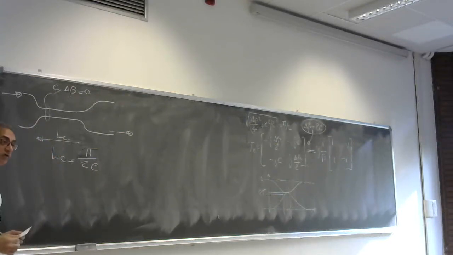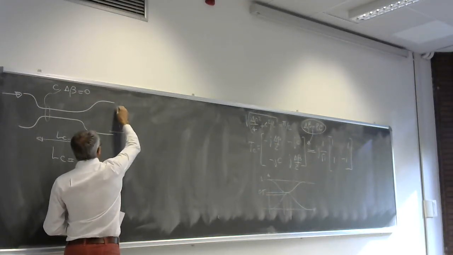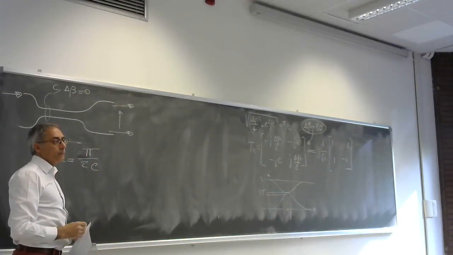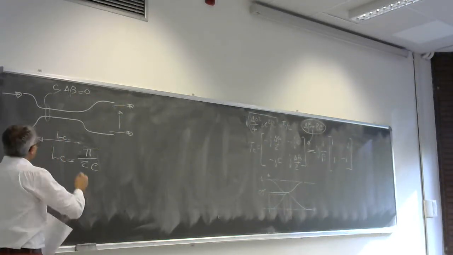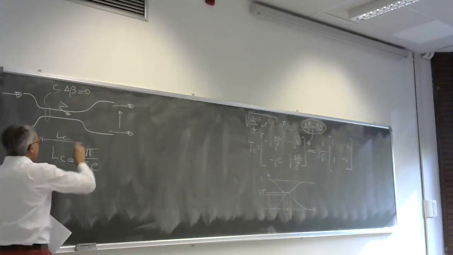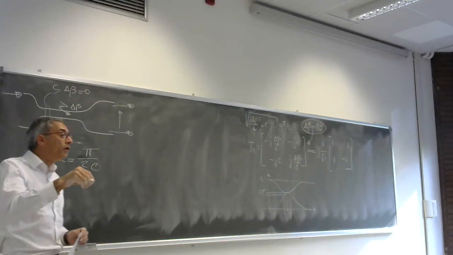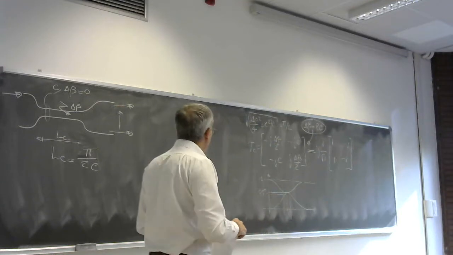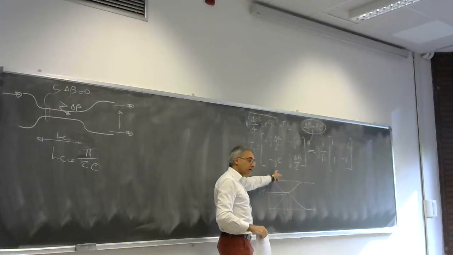Now we want to switch the output from this port to this port. How can we do it? If we are able to change one of the waveguides, so induce a delta beta, so you perturb only one of the waveguides of the coupler, you move from the synchronous coupler to the asynchronous coupler.